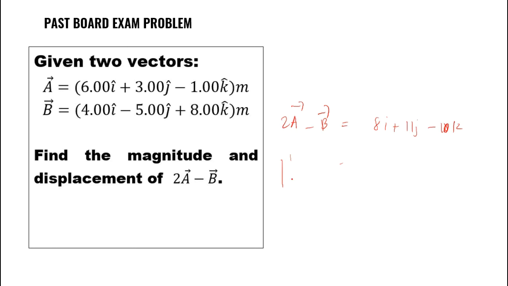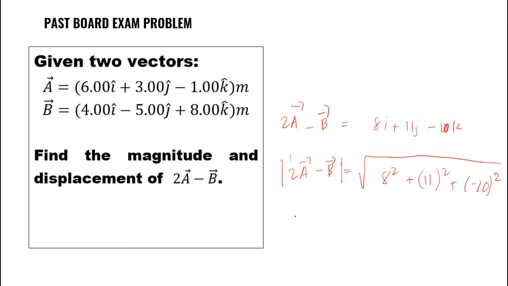So the magnitude of this vector, 2 vector A minus vector B, is equal to the square root of 8 squared plus 11 squared plus negative 10 squared.